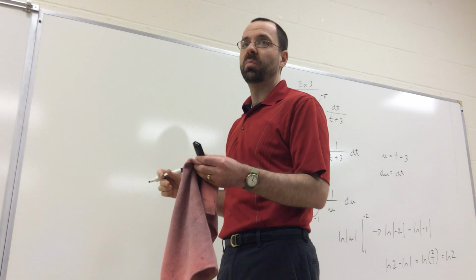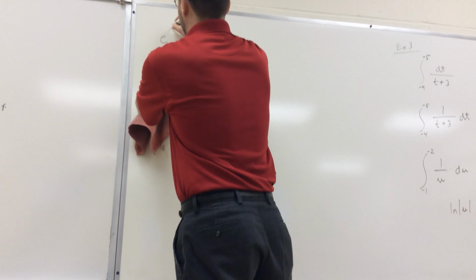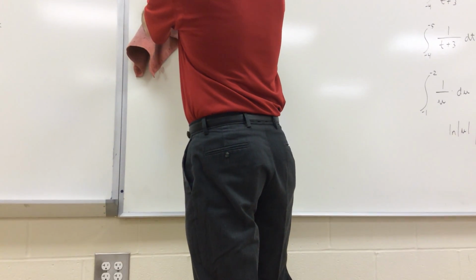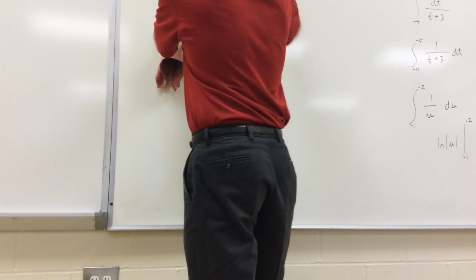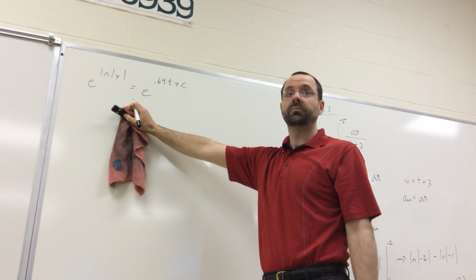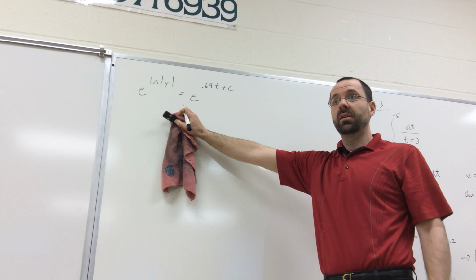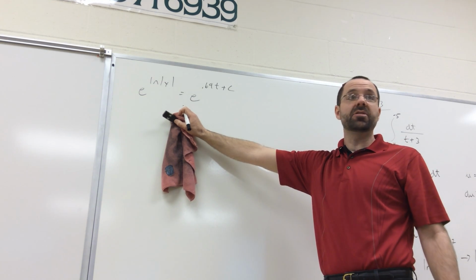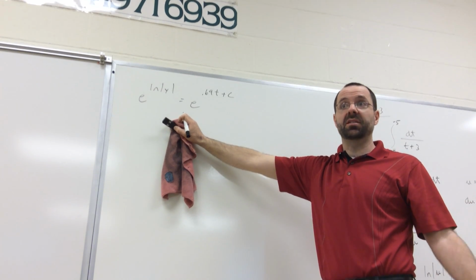You raise up both sides from e. So you do e to the power of both sides. So what I'm doing is I'm taking e to the left side and e to the right side. That's legal because I'm doing the same thing to both sides.